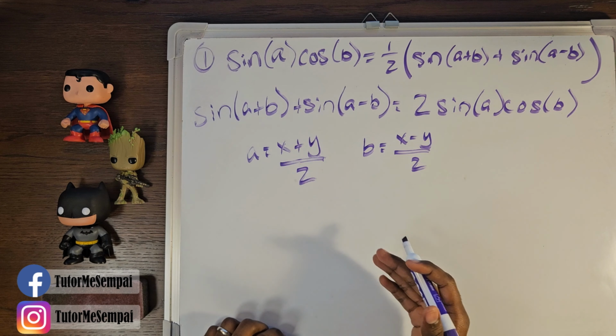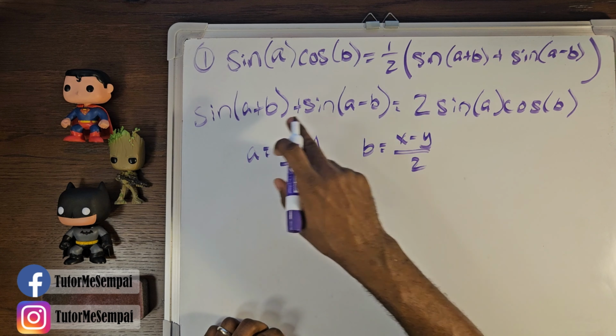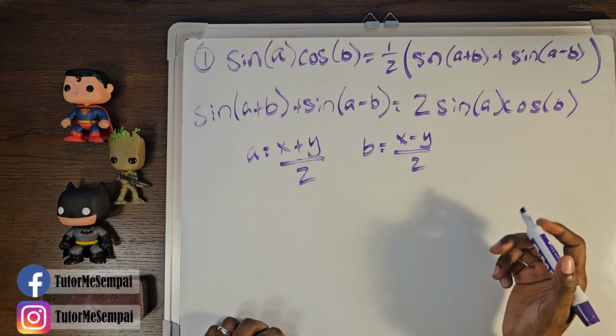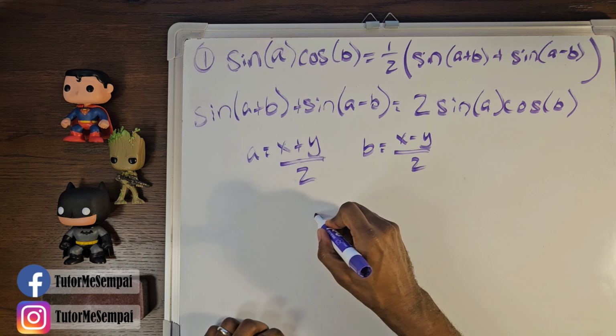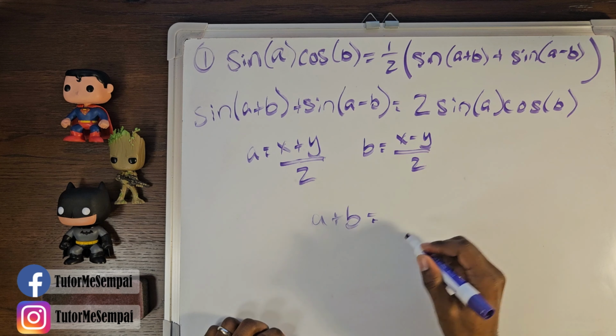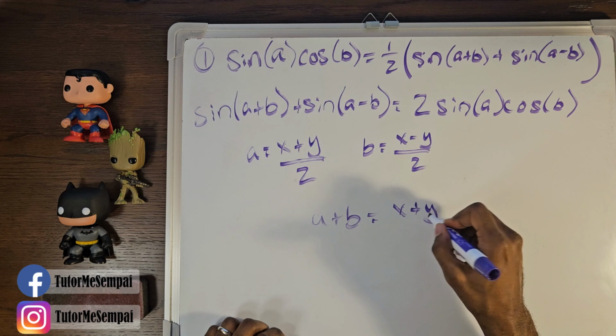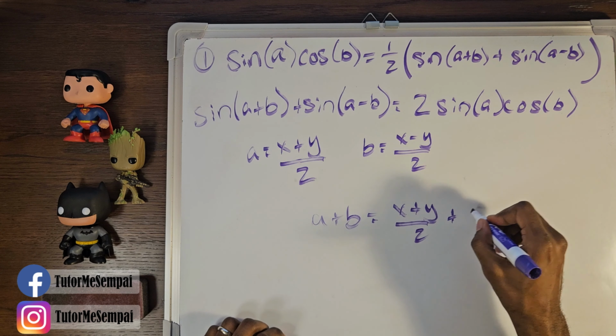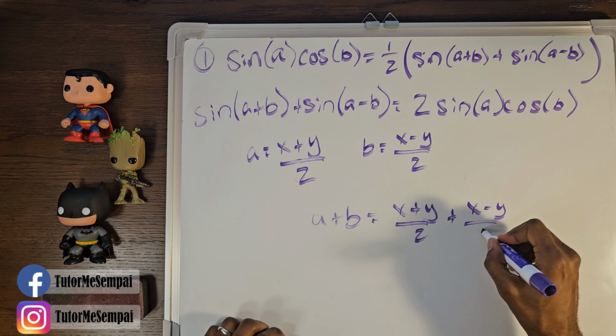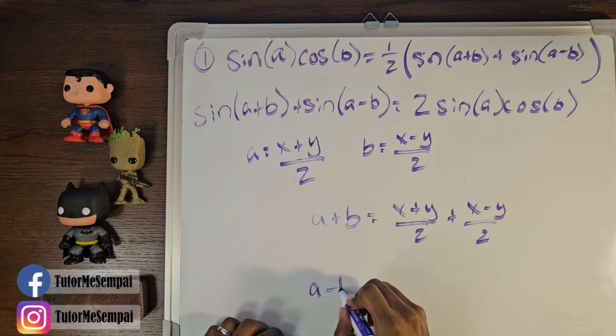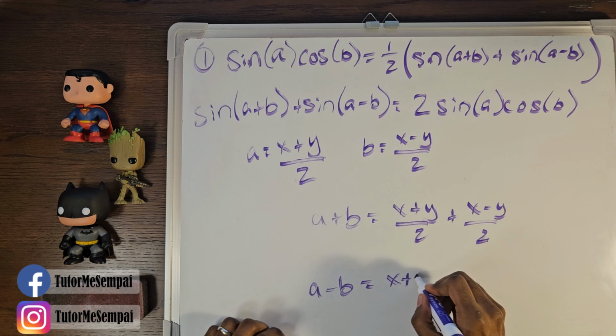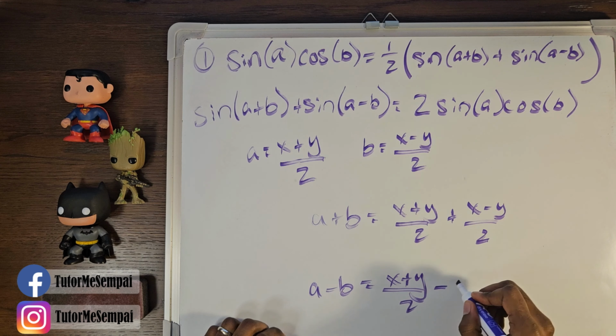Now, you can do some simple math first to kind of figure out what your A plus B and A minus B is going to be. And if you did that, you'll see that A plus B is going to be X plus Y over 2 plus X minus Y over 2, while your A minus B is going to be X plus Y over 2 minus X minus Y over 2.